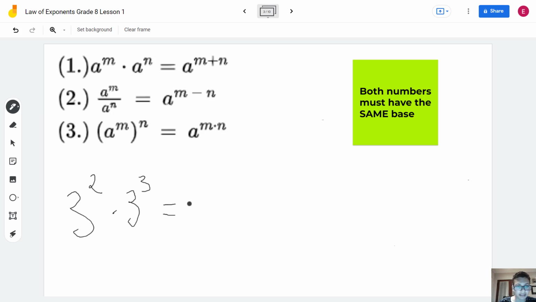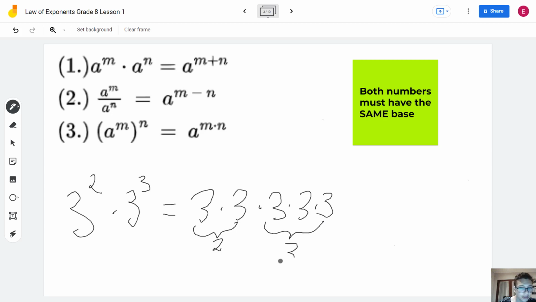However, this is also equal to 3 times 3, and that's 2 3's, times 3 times 3 times 3, and that's 3 3's. So as you can see, there's 2 3's here, and there's 3 3's here. So in total, there's 5 3's, and that's why this will equal 3 to the power 5.